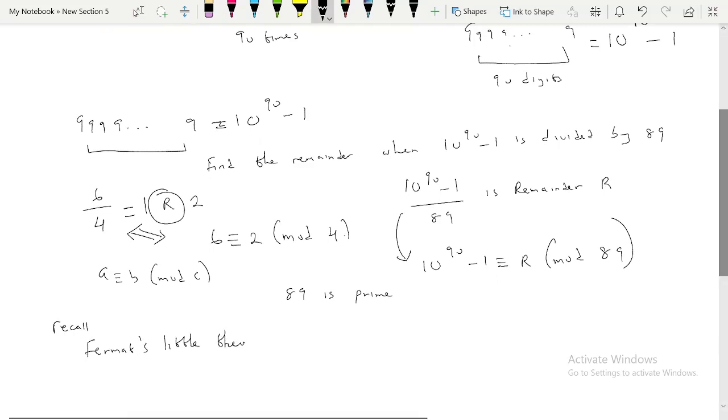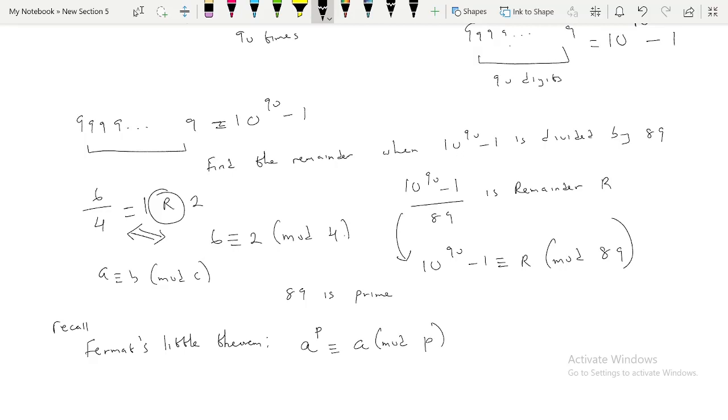This theorem states that a to the power p is congruent to a in mod p, provided p is prime. This is Fermat's theorem.